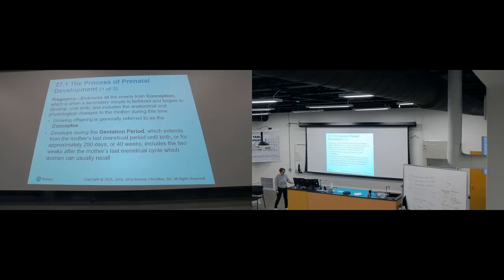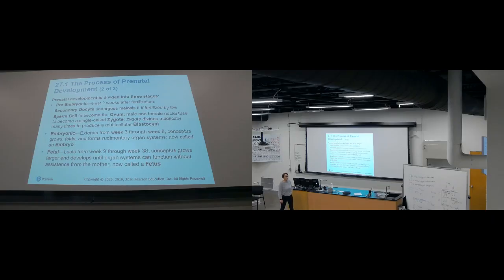The gestation period is 280 days or 10 lunar months, each 28 days. And then in terms of weeks, we have 40 weeks of pregnancy, and that includes the 2 weeks before fertilization, counted from the mother's last menstrual period, which is when the mother usually can recall.